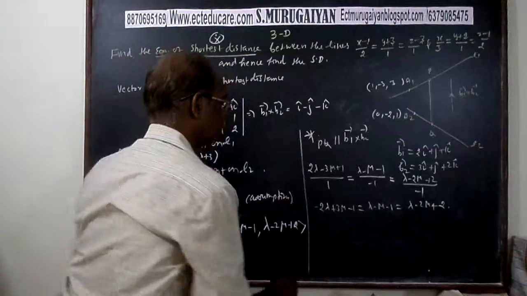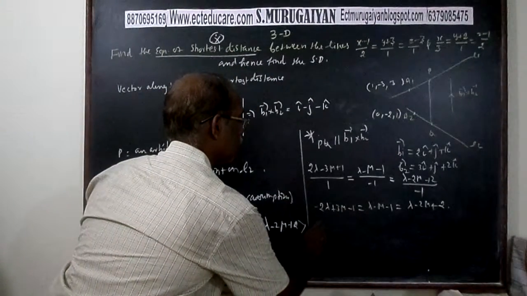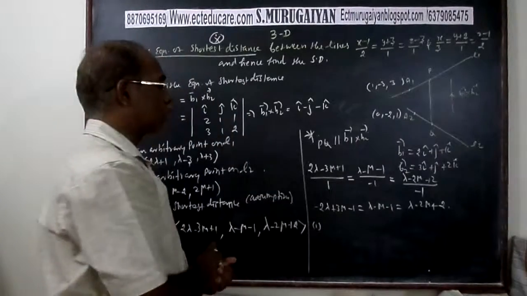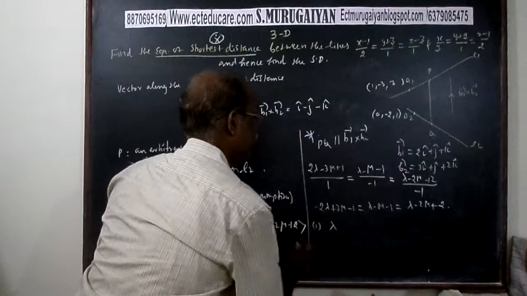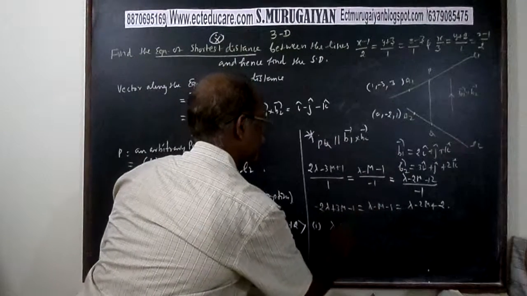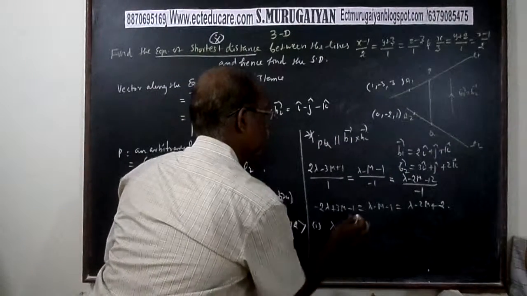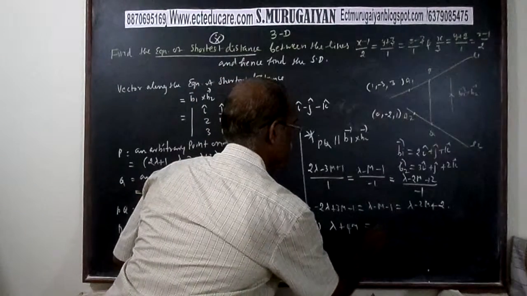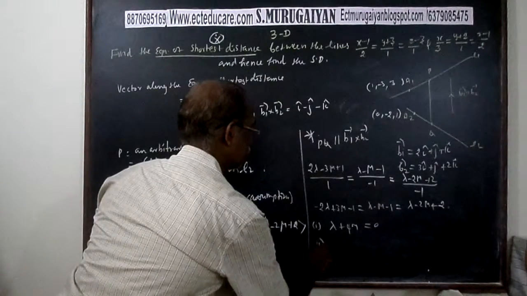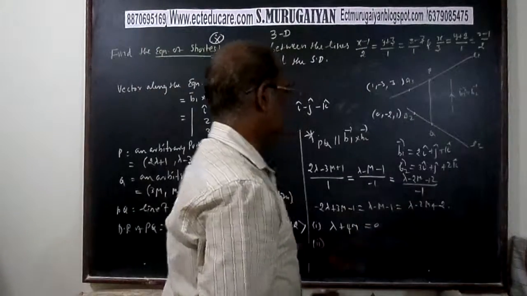Taking the first two, you can get one result in terms of lambda and mu. 2 lambda minus lambda is lambda, 3 mu minus or minus mu is 4 mu, minus 1 and minus 1 is 0, equal to 0. Another result, you can compare these two.